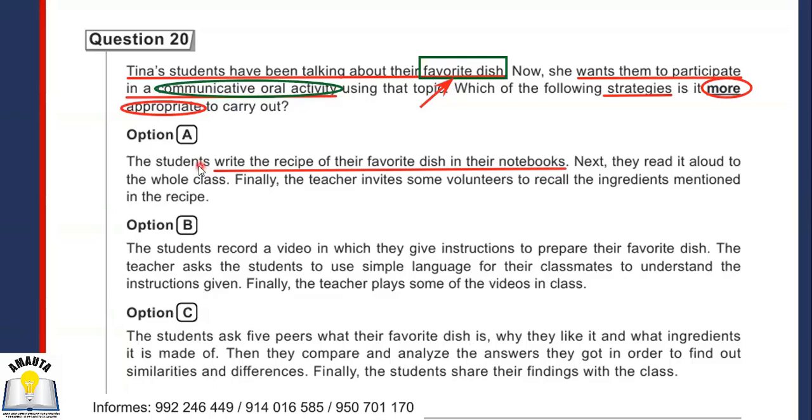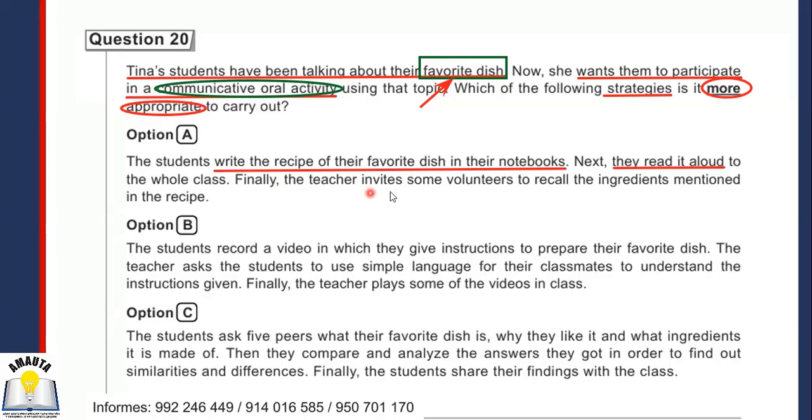It says here, students write the recipe of their favorite dish. Next, they read it aloud. They share the recipe they wrote first. They read it aloud to the whole class.